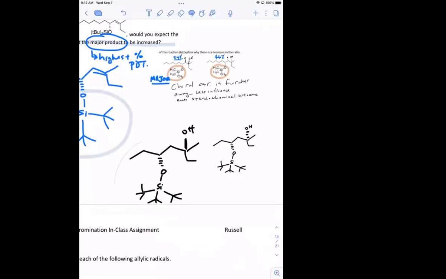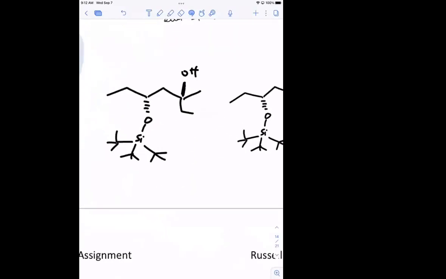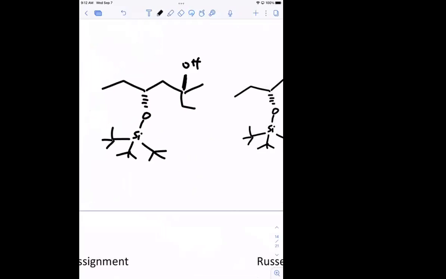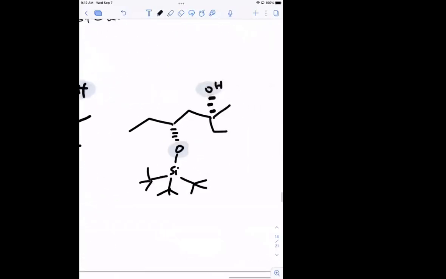So the question is, which one of these is going to be major? Which one is going to be minor? We know based on the previous reaction that this is the favorite isomer, favorite because the two groups are on opposite sides, right here and here. Over here on the same side, so this is going to be the isomer that is disfavored.